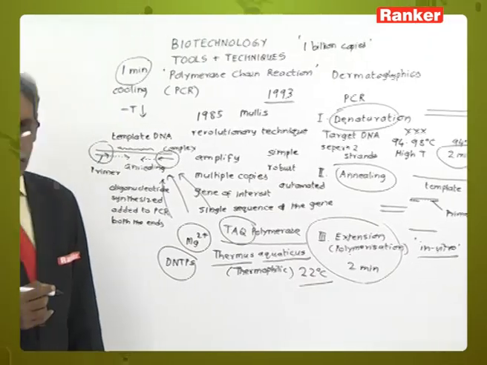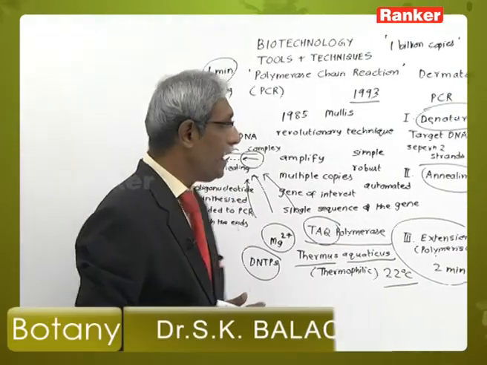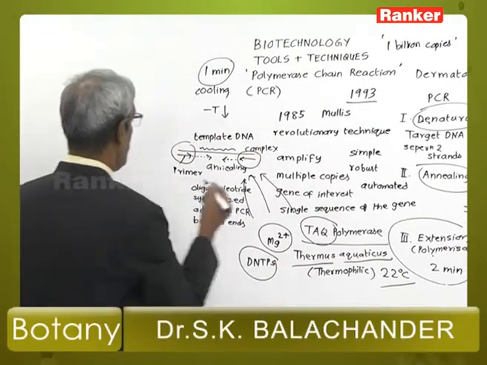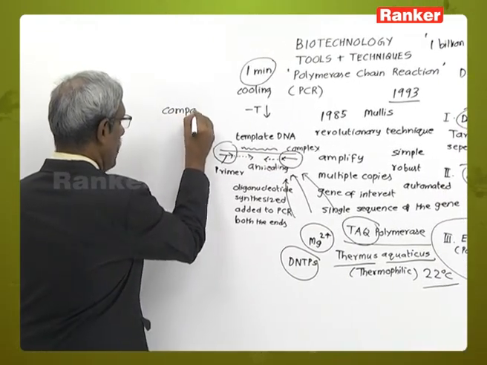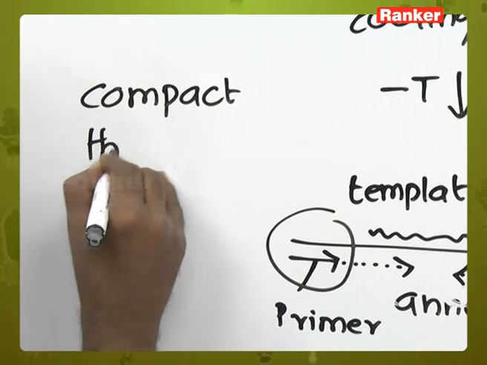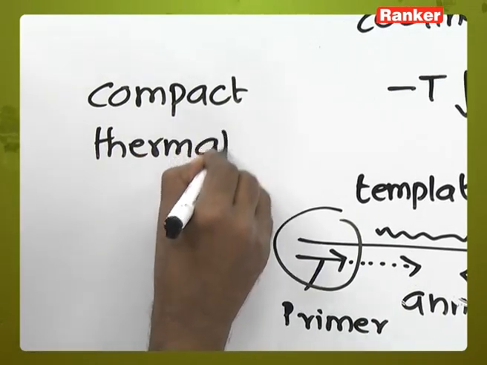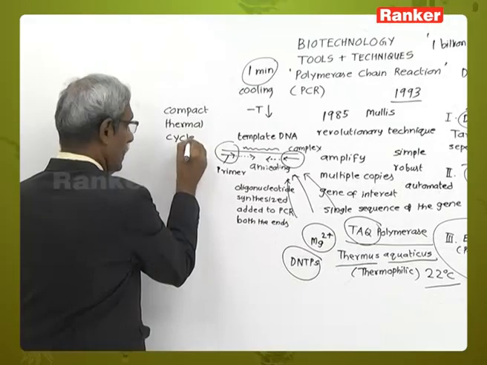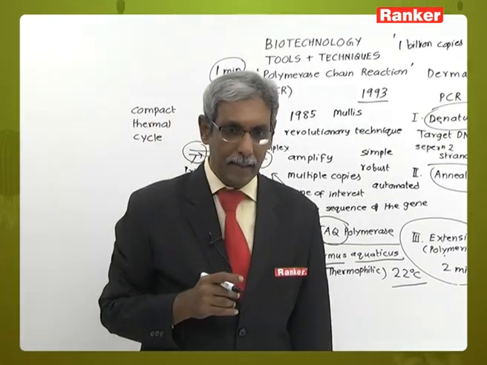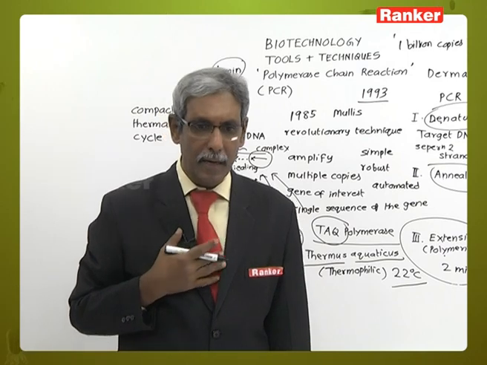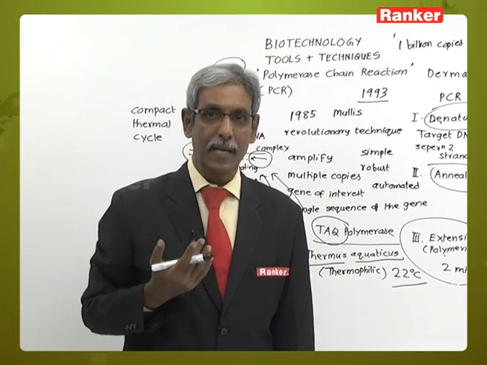So, polymerase chain reaction is a compact thermal cycle involving 3 important events, and the technique is very important primarily for DNA fingerprinting.